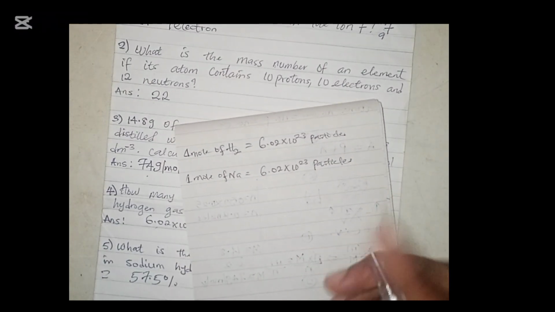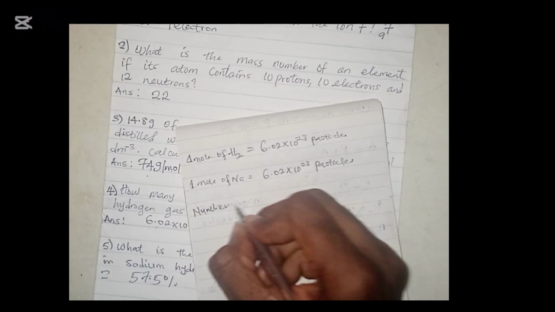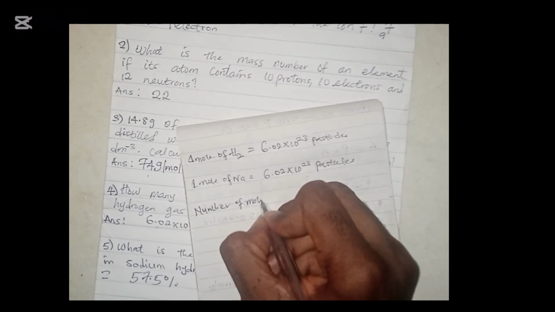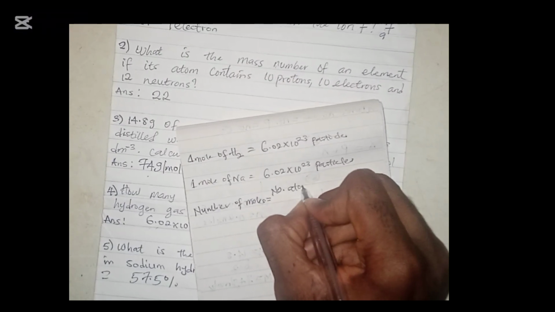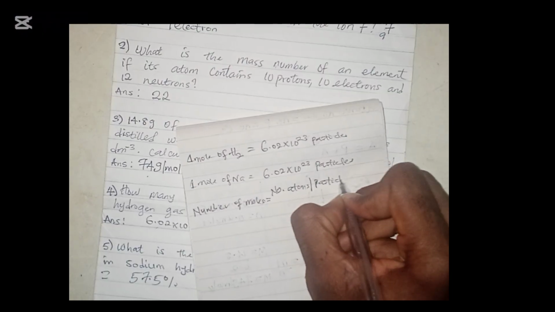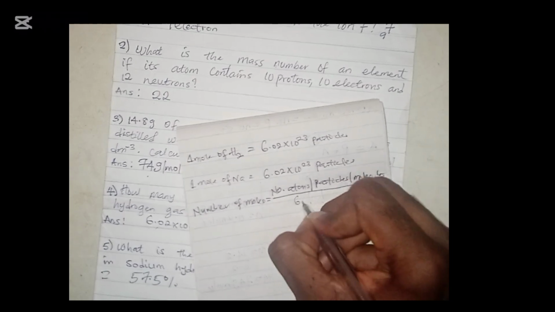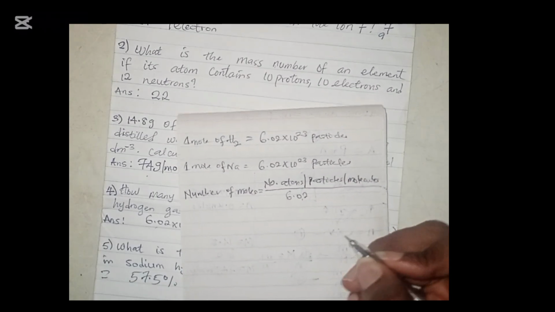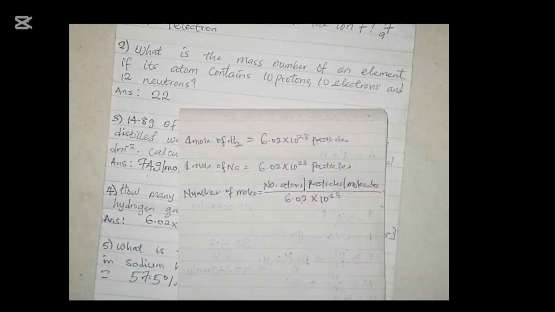Now, in this case, the number of moles has a formula which is equal to the number of atoms, or you can say the number of particles, or you can say the number of molecules, divided by 6.02 times 10 raised to the power of 23.